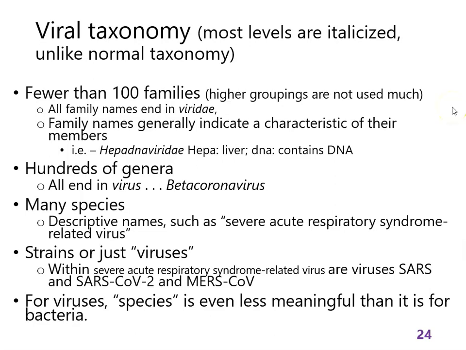So that's all I want you to know about viral taxonomy, and this video has hopefully given you a little more insight into viruses and how we describe them and how they're related to each other. In the next video, we will look at virus replication, and that's where we start to really see how weird they are. So I'll see you at the next video.